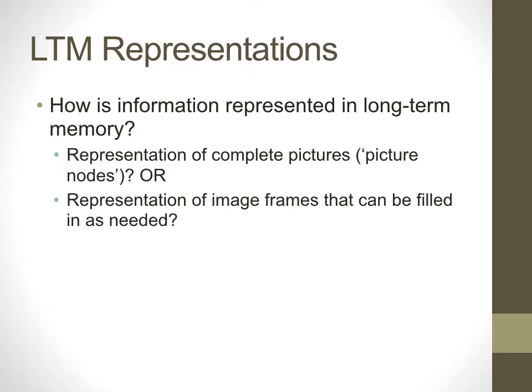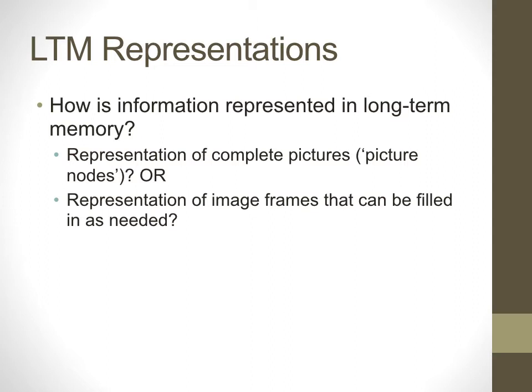So in forming these long-term representations in our memory, there's the question of how this information is represented in our long-term memory. We have two different options here: either there's a representation of complete pictures, like picture nodes in our brain, or there are representations of components of these images, or image frames, that can be filled in or completed as needed.